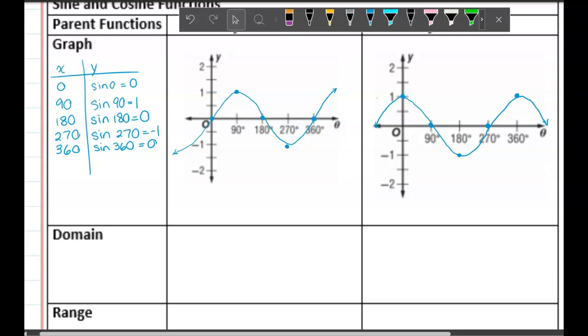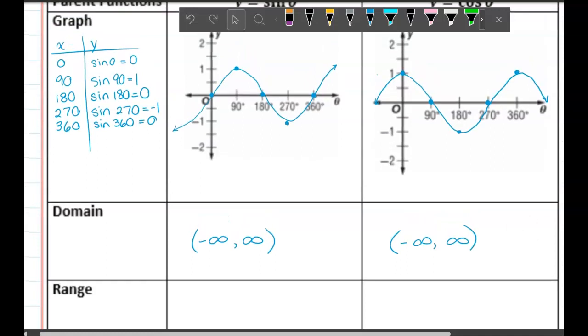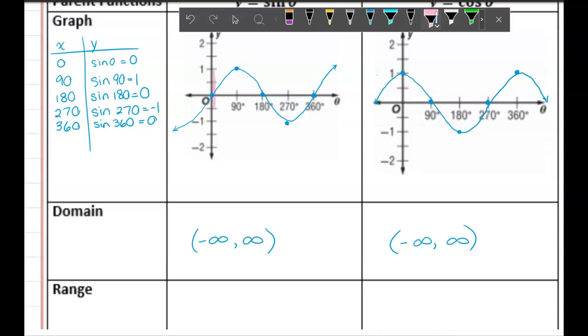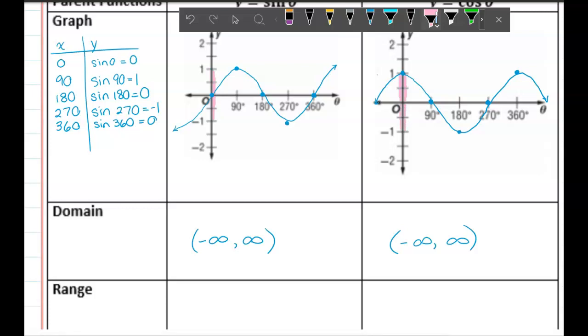The domain, because it goes to the left and the right infinitely, is from negative infinity to positive infinity for both of these functions. The range, if we're looking at these functions and thinking, how high up does it go? How far down does it go? Same with the cosine. How high up on the y-axis does it reach? How far down on the y-axis does it reach?